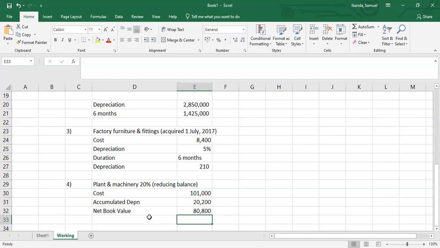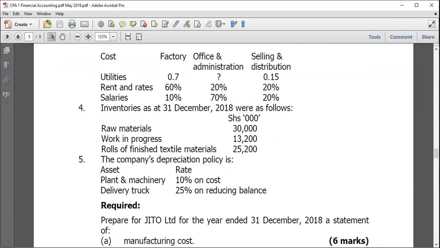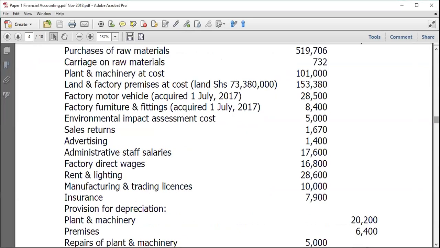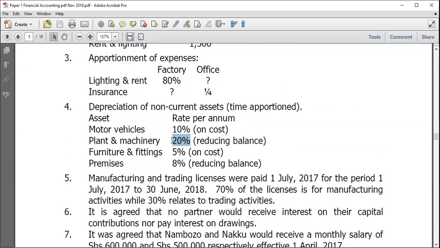Then my depreciation, they have told me that this is equal to 5%. I hope so. No, this is a different question. Sorry, this is the one. So it's 20% reducing balance.